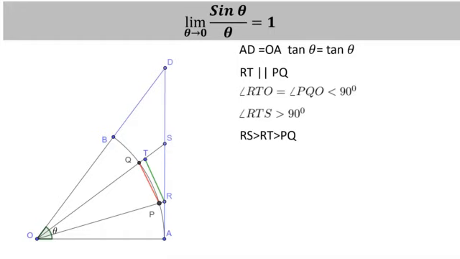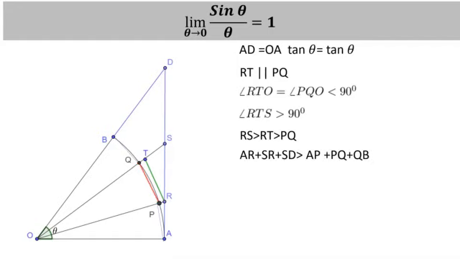So in the triangle RTS, the side opposite to it, RS, is greater than the side RT, and RT is greater than the line segment PQ. So RS is greater than RT, which is greater than PQ.